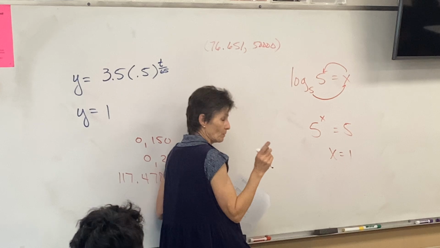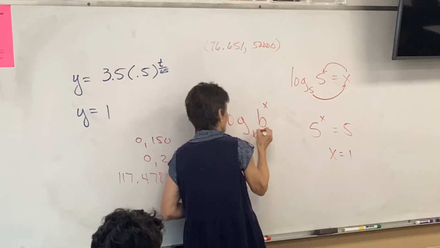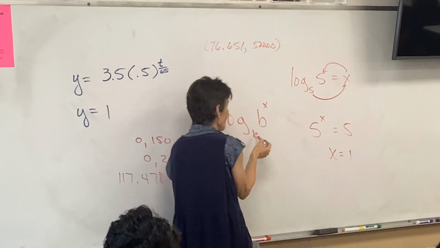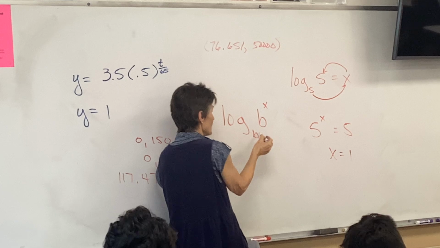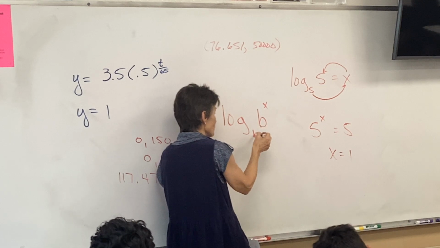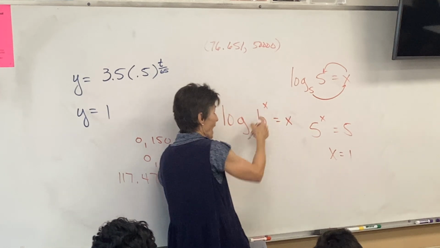There is a property with logarithms that says if the base of your logarithm and the base of the exponent match, then the answer will always be that.